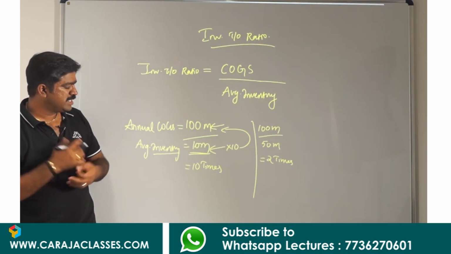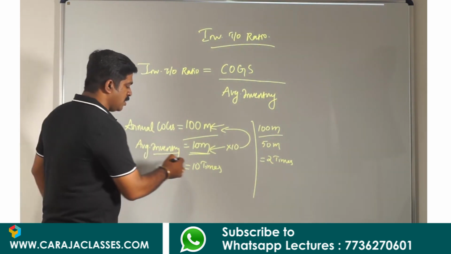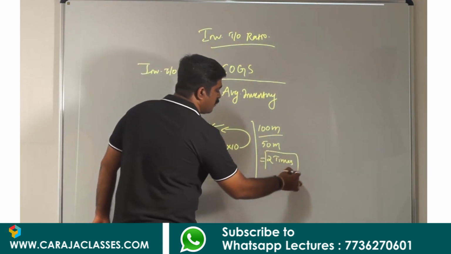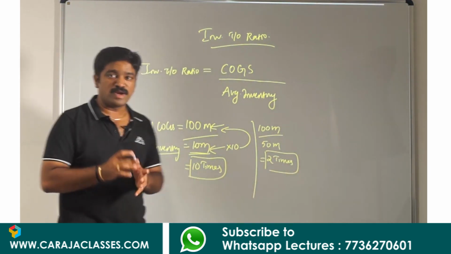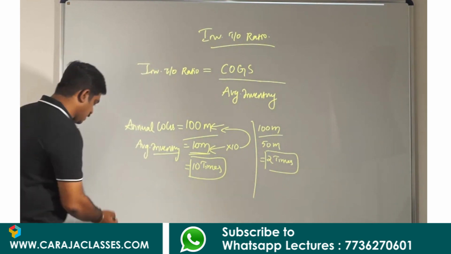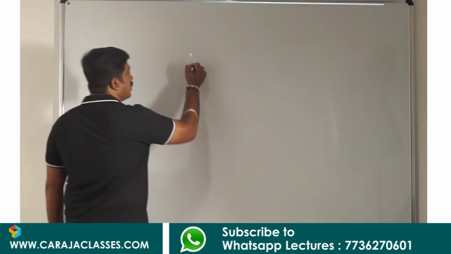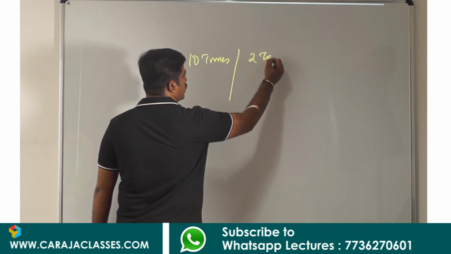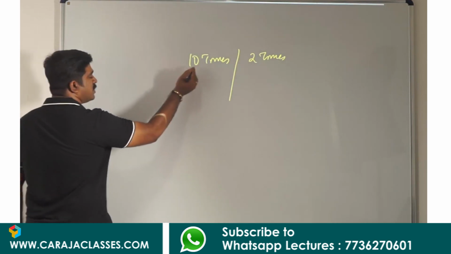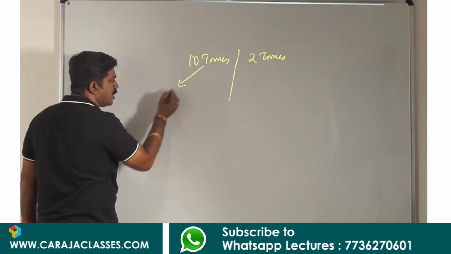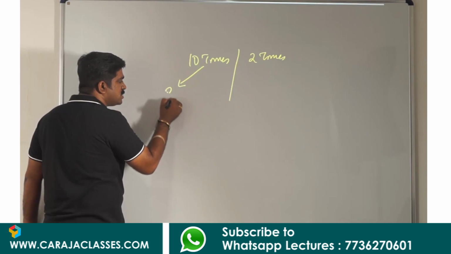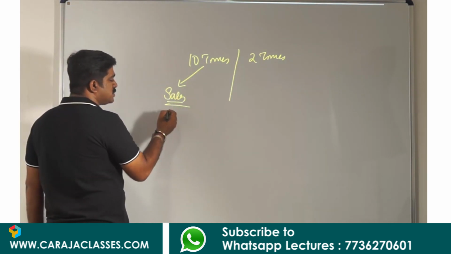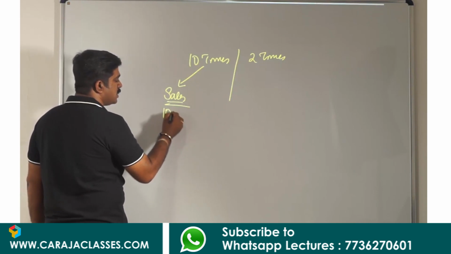Now, what is the difference? What is the benefit you get when inventory is rotated 10 times, and what benefit are you losing when the inventory is rotated only 2 times? Let's understand that. If inventory is rotated 10 times, it means I am making sales 10 times. Every time I am making sales of goods worth 10 million.